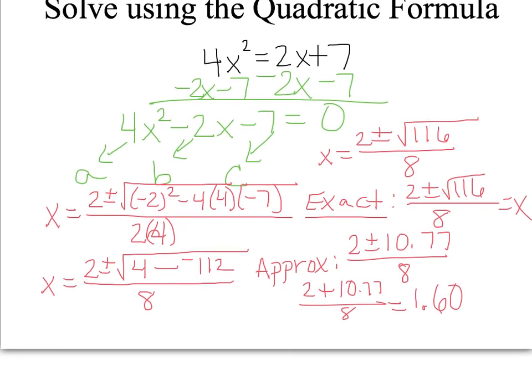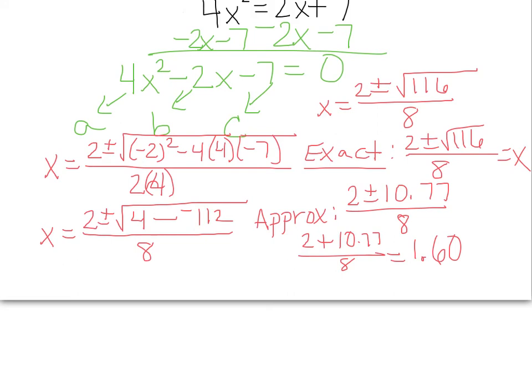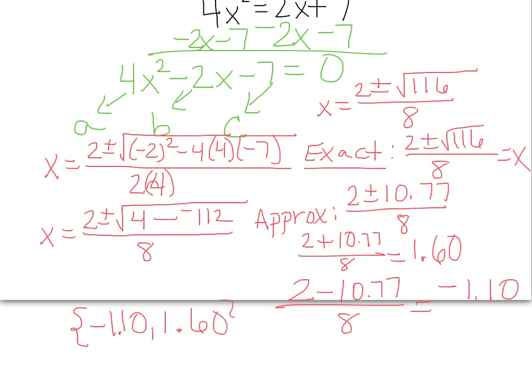And then 2 minus 10.77 divided by 8 is negative 1.096, so negative 1.10. And so if I'm asked for an approximate solution, negative 1.10 and 1.60 would be the two solutions.